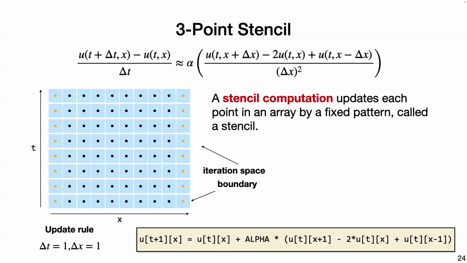So in the next time, you want to find t at x, like here, and you need these 3 points: t plus 1 at x, t at x plus 1, and t at x minus 1. Every new point in the next row is related to 3 points in the previous row.